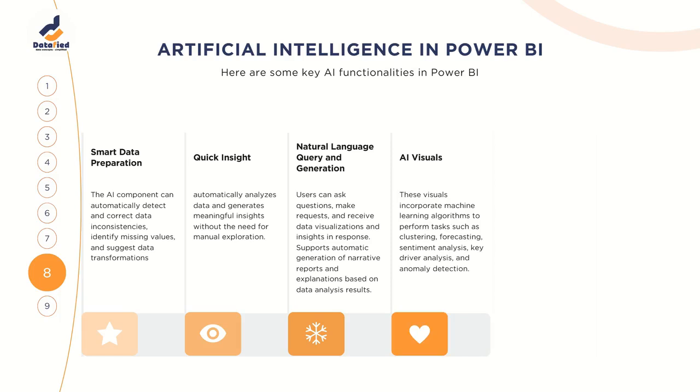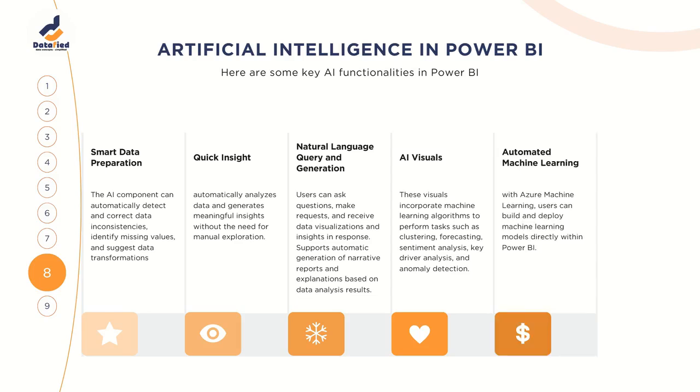And then AI visuals incorporate machine learning algorithms to perform tasks such as clustering, forecasting, sentiment analysis, key driver analysis, and anomaly detection. These are interesting parts of Power BI that you would eventually go into as you go deeper into the use of Power BI.